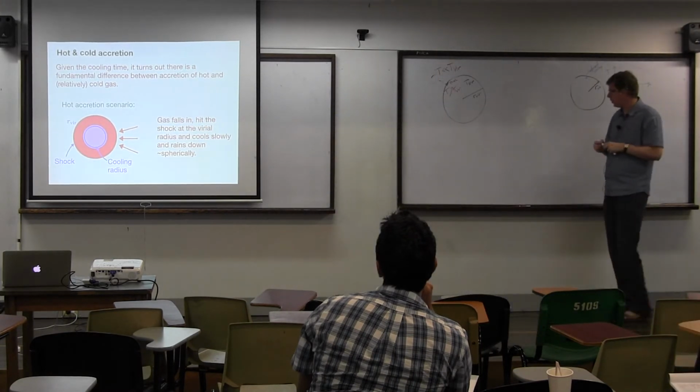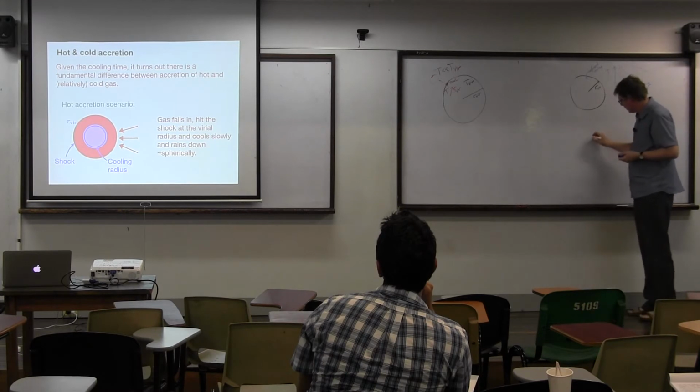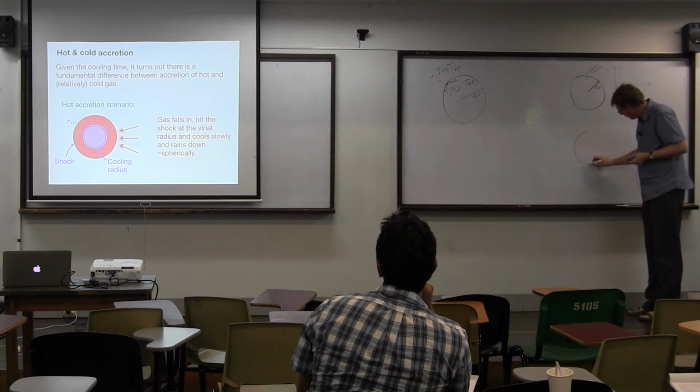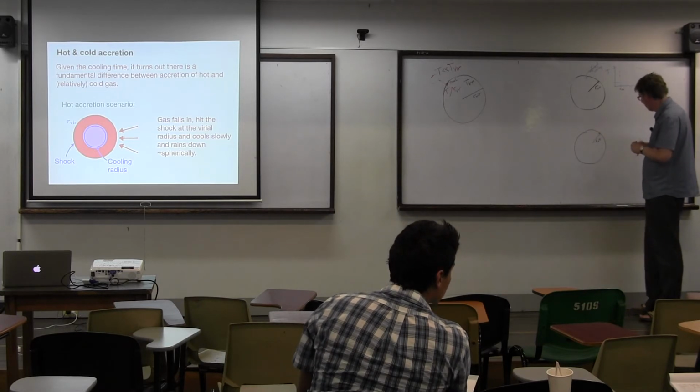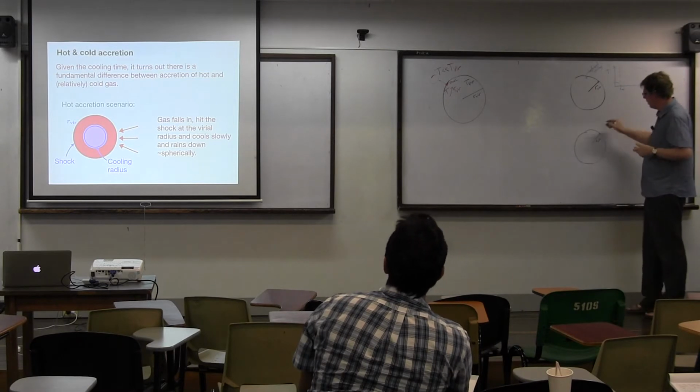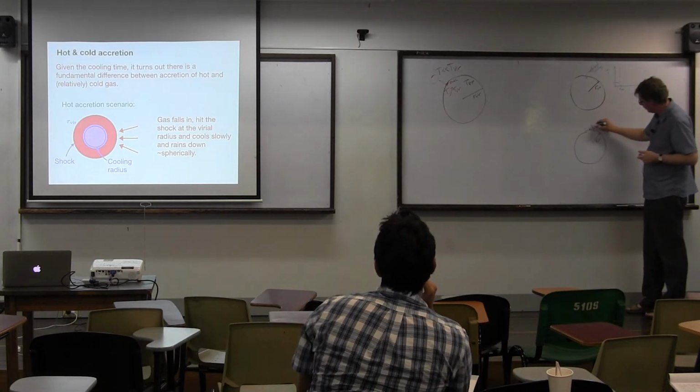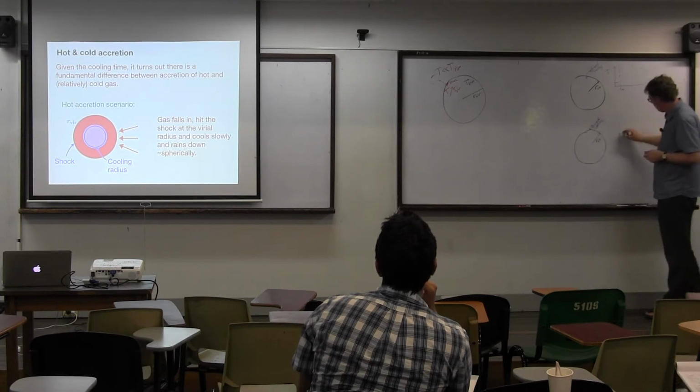Now, let's draw the other extreme. Let me draw the same halo. But now, I'm going to assume that it's efficient cooling here. And now, what happens?